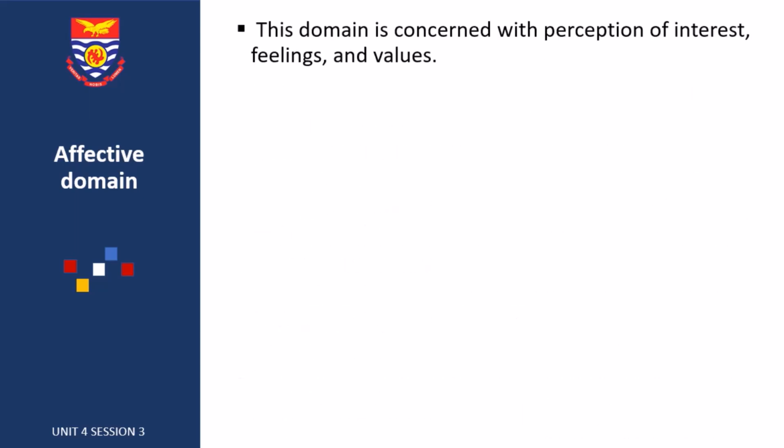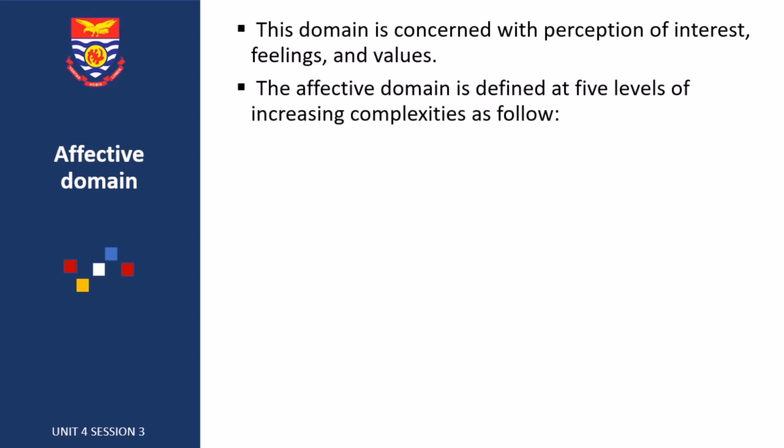The affective domain itself is concerned with perception of interest, feelings, and values, something more of the heart than the mind. It is defined at 5 levels of increasing complexities as follows.